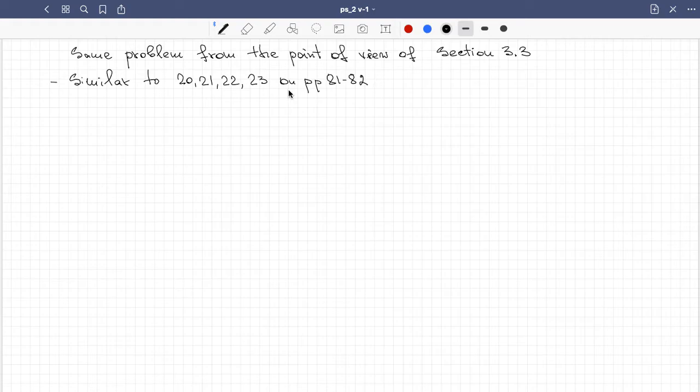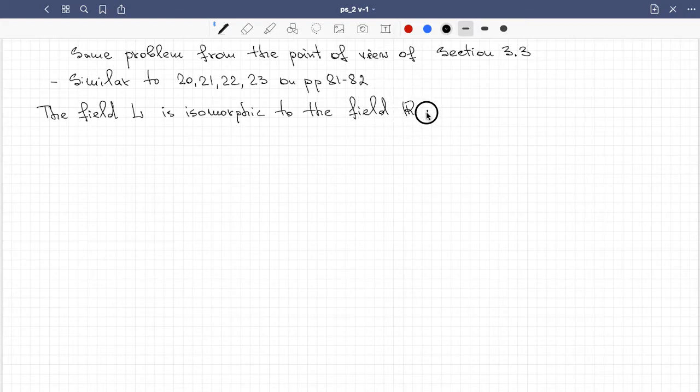So what I want to say is that the field L which we just discussed is isomorphic to the field R of all real numbers.